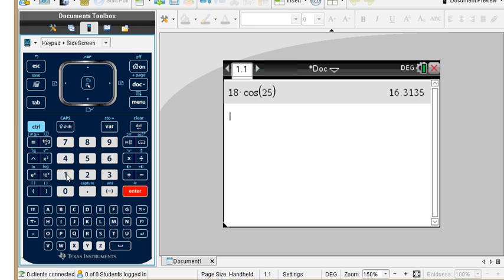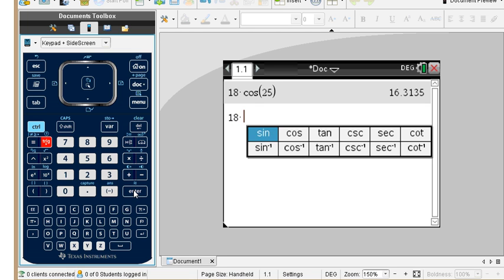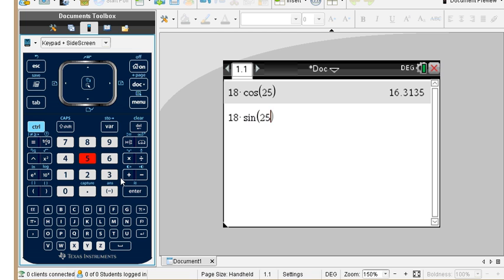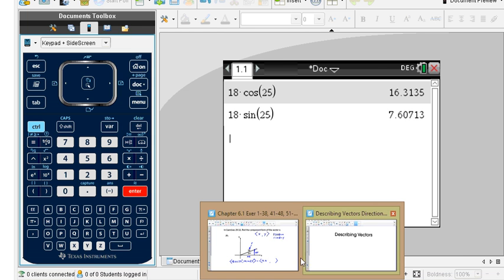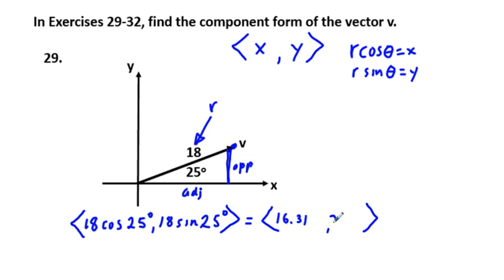And now for the vertical component, 18 times the sine of 25 degrees. So we get 7.61, we'll call it, rounded to the hundredth place. So either of these versions would be acceptable to me.